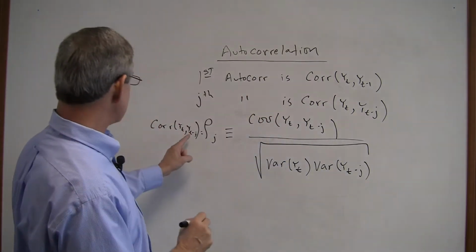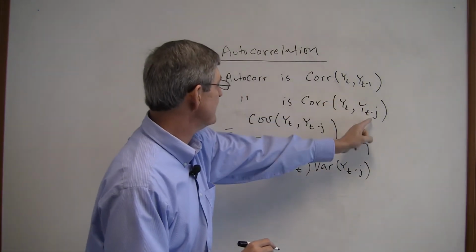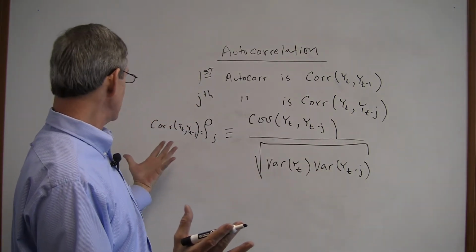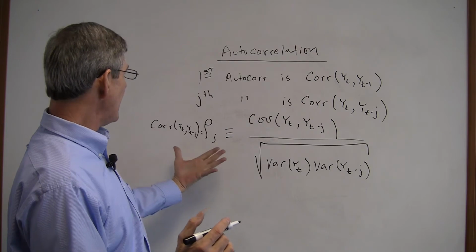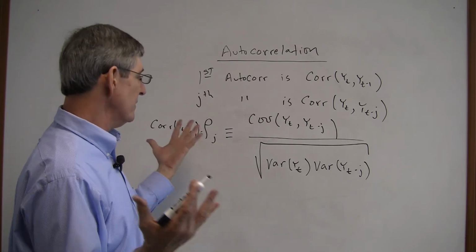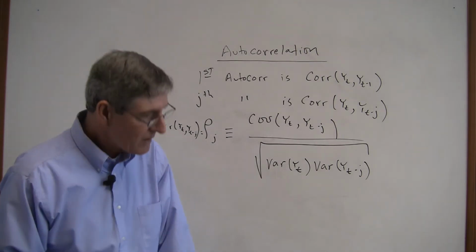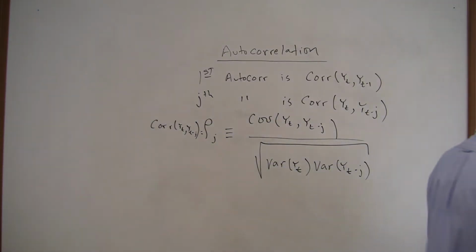This is exactly the same formula we've used before for correlation. We just plug in yt minus j and yt instead of y and x. If you put xt everywhere for yt minus j, you'll get exactly the same correlation definition that we've used all along. So we're just generalizing what we've done all along to time series.